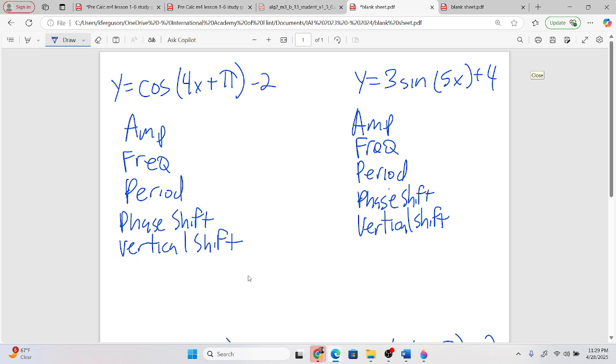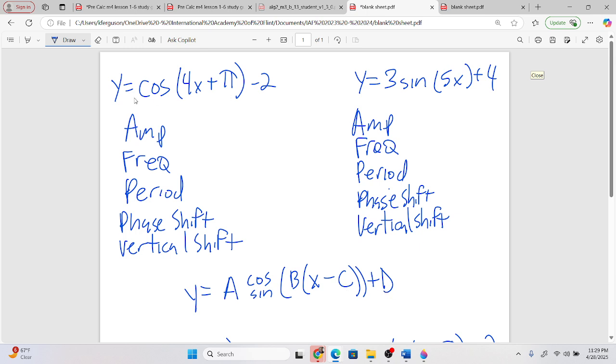Remember that all goes back to this: A times cosine or sine times b times x minus c plus d. So that's the basic form: amplitude, frequency, phase shift, vertical shift.